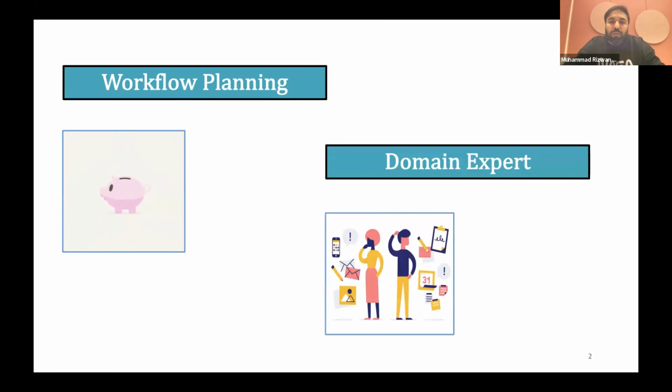In every organization, a domain expert is a person who helps a planner to plan and execute a workflow properly. He helps a planner to take strategic decisions in some situations, like when a resource is missing or when a workflow is not going to meet a decided deadline. So the domain expert takes strategic decisions and ensures that optimal resources are deployed.